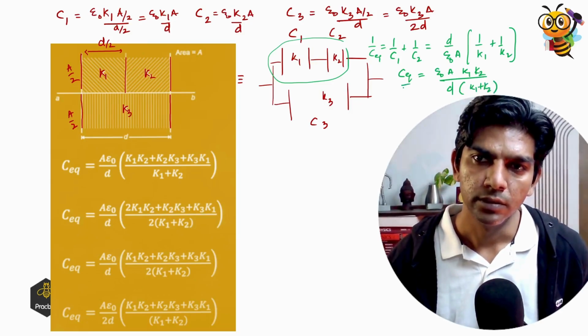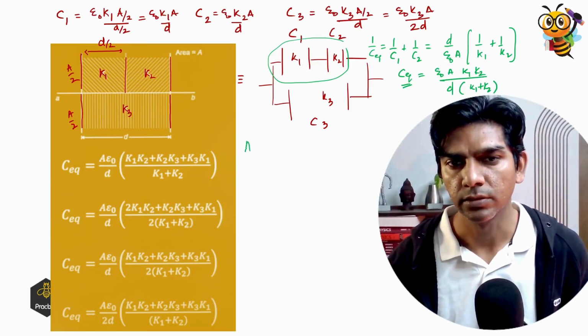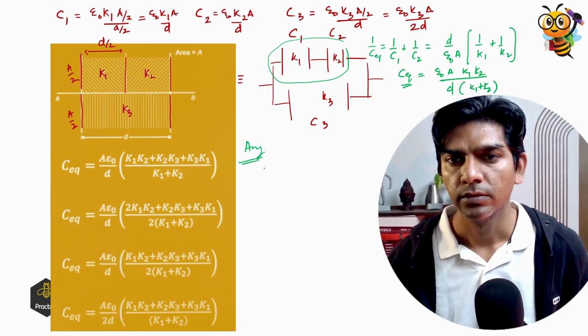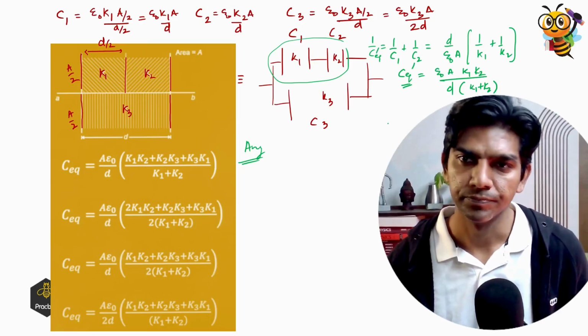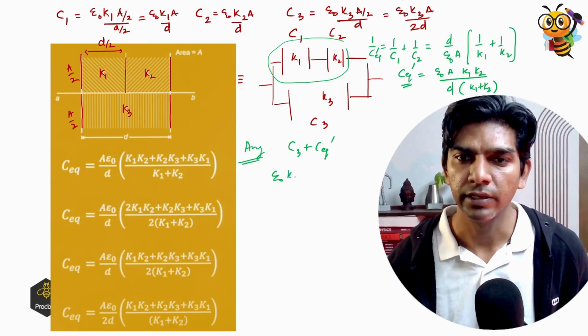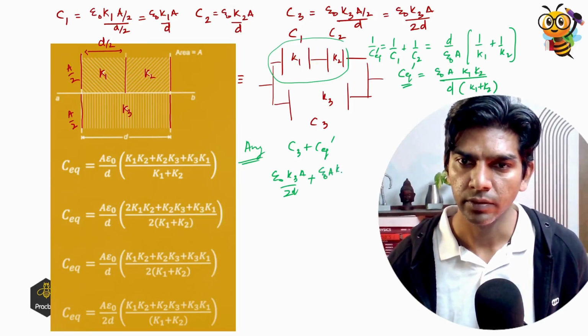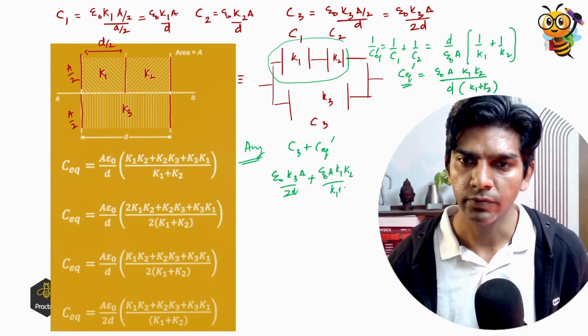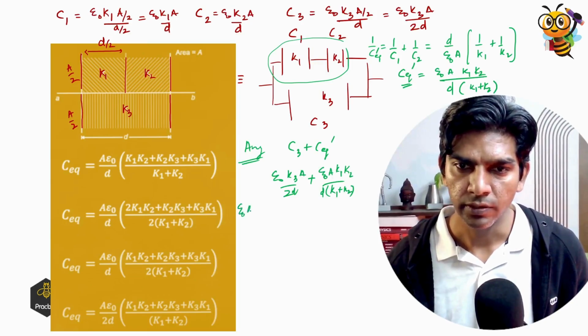Now this capacitor is in parallel with C3. So the answer will be C3 plus this, let me call it C equivalent prime, right? So C3 plus C equivalent prime will be epsilon naught K3 A by 2D plus epsilon naught A K1 K2 by K1 plus K2 times D. So let us take epsilon naught A by D as common.